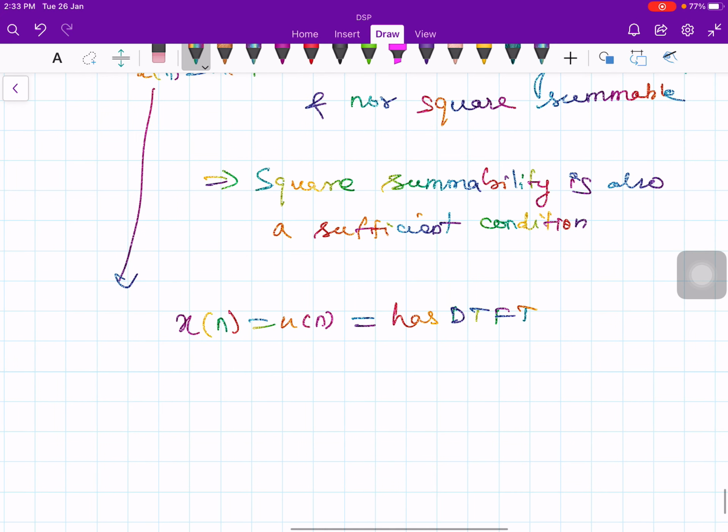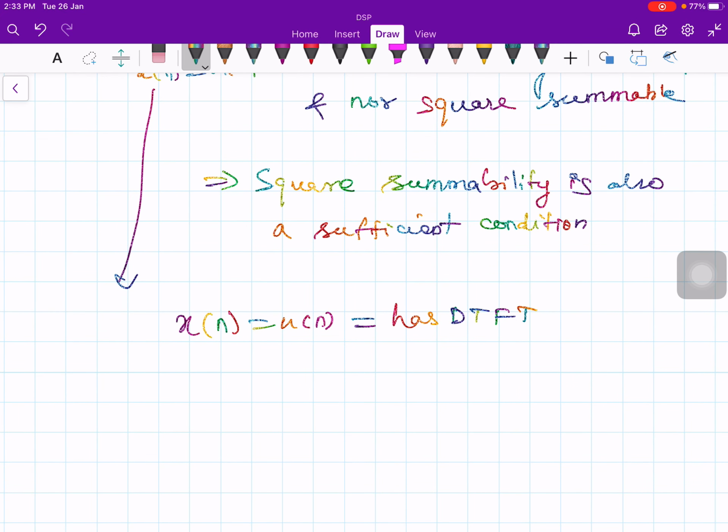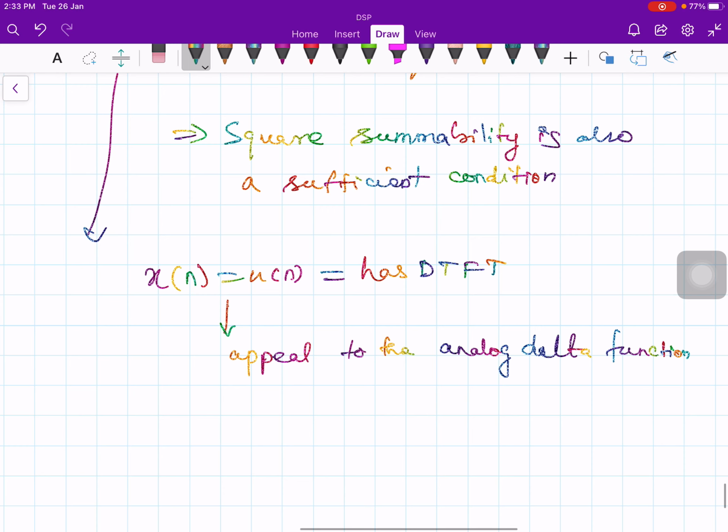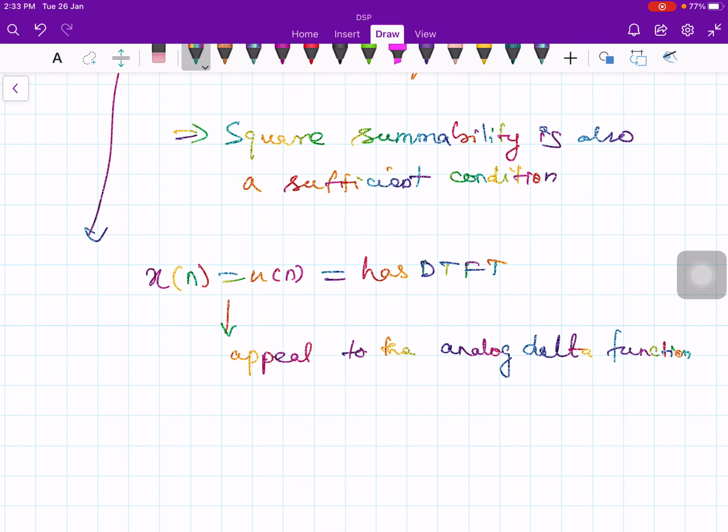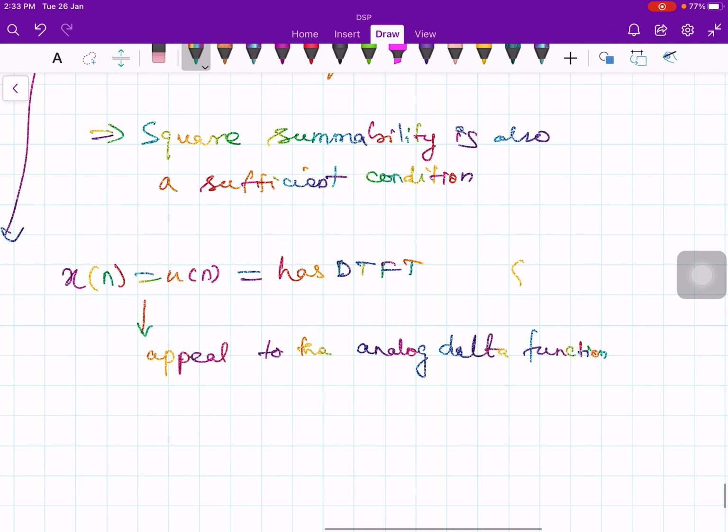For the existence of the DTFT, we have to appeal to the analog delta function, not in the time domain but in the frequency domain. We have two delta functions, right? In the continuous time domain, we have del of t. In the discrete time domain, we have del of n.